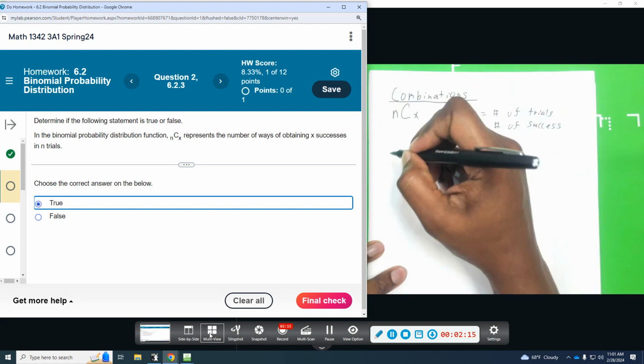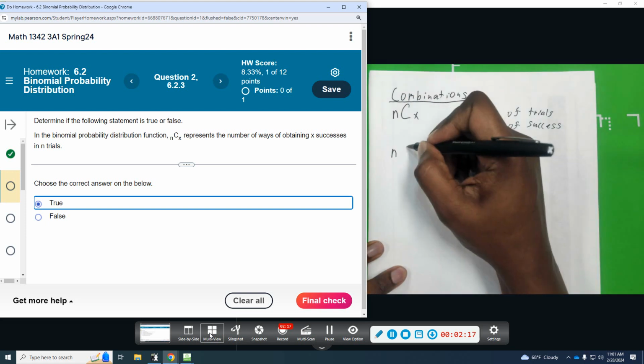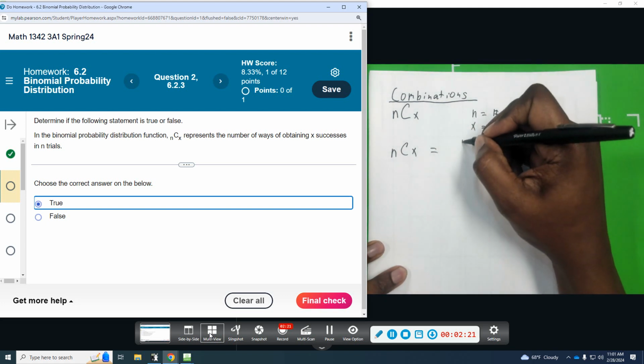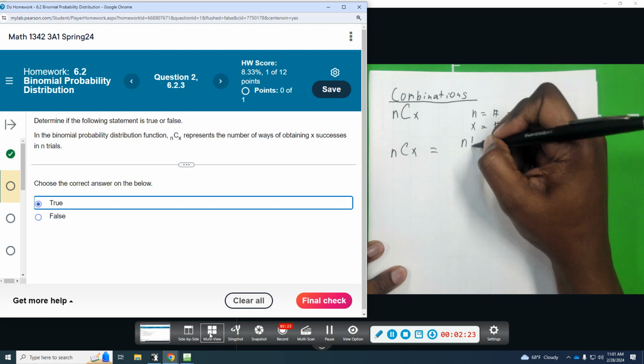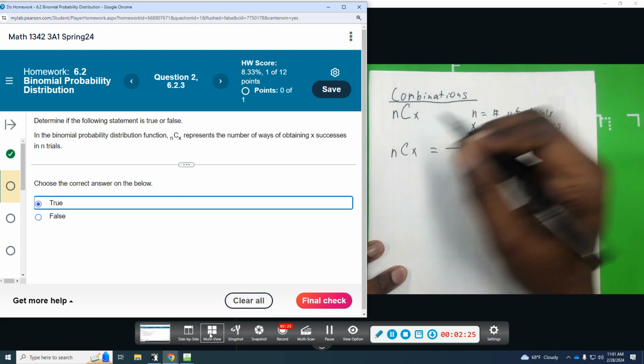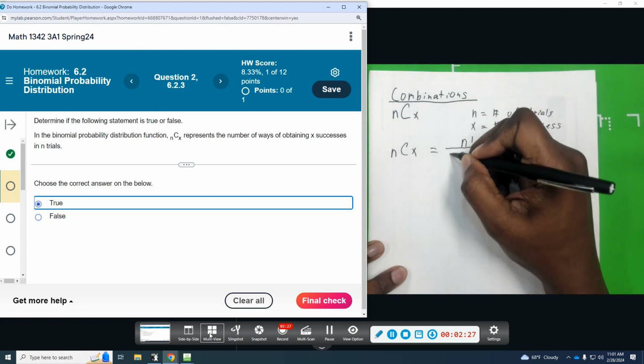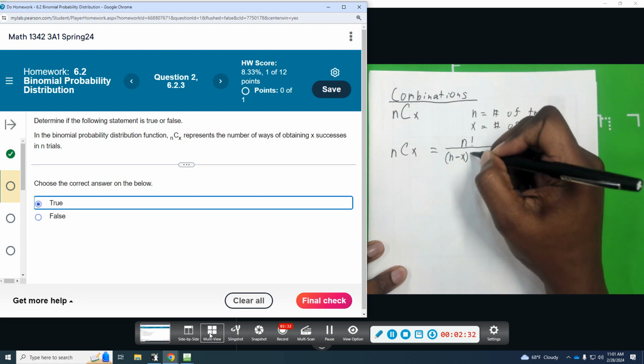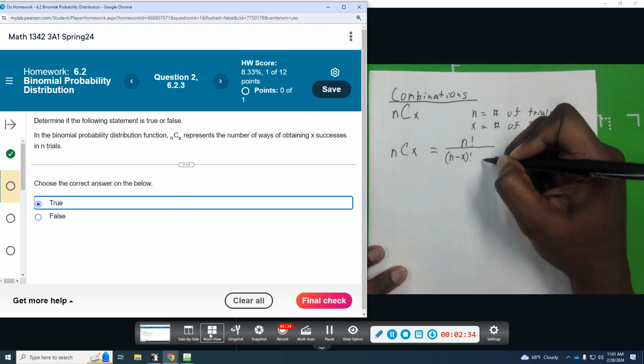So the way this formula works, nCx is equal to n factorial divided by, you're going to subtract these two, (n minus x) factorial, and then times another x factorial.